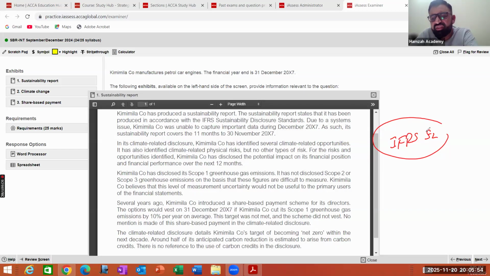Now, scope 3 is basically the greenhouse emissions or effect on the environment which is not directly under the control of the company, like employees' travel, transportation of the goods.